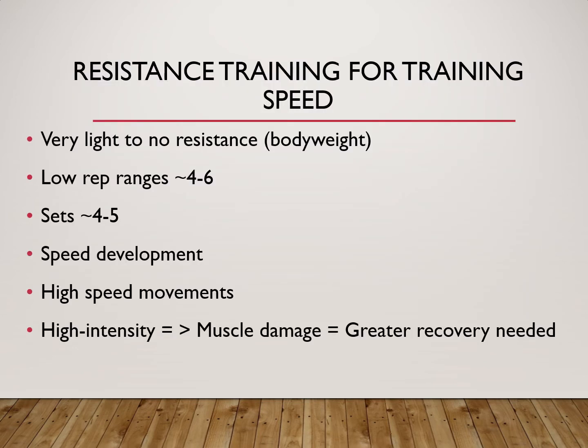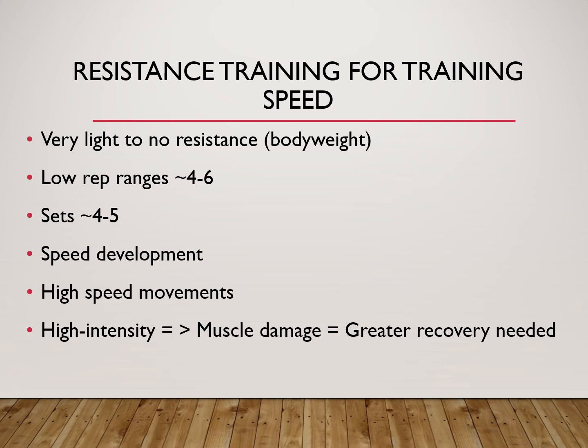Now, when we think about resistance training for developing speed, typically we would think about operating at much lower intensities, so very light to no resistance, maybe just body weight. Typically this would be in low rep ranges with a moderate number of sets. The lower rep range is around 4 to 6, but sometimes even lower.